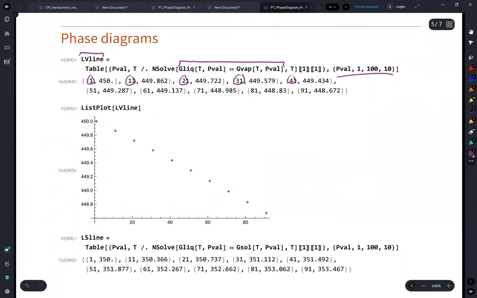And you wind up with, and this is a little bit different from what you see normally because this is temperature versus pressure.